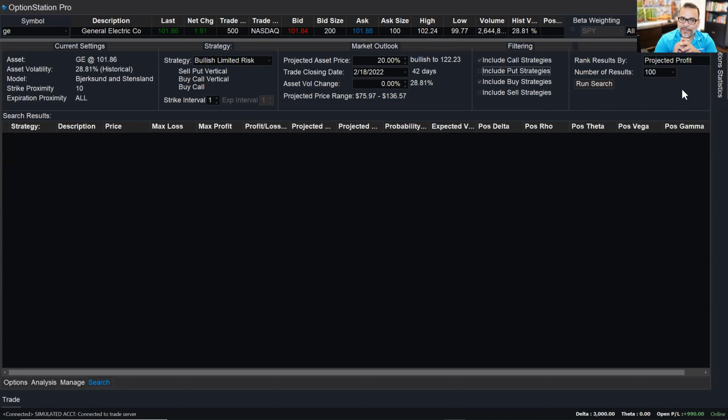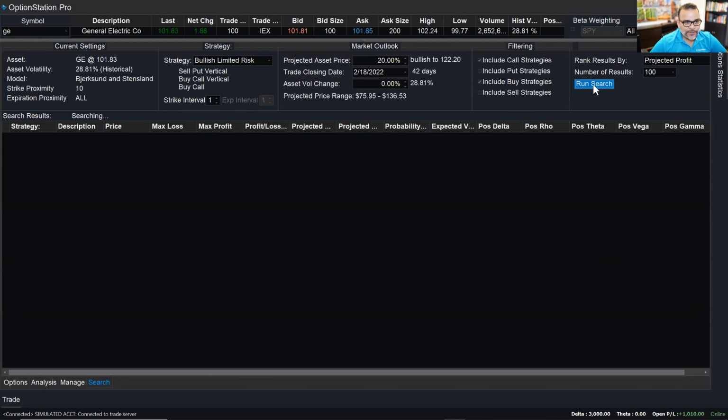Let's go ahead and leave it the way it is, and I'll show you some other options once we start making some modifications. Number of results, I have 100. You can limit that if you want. If I limit it too much, then I don't, because I want you guys to see some very interesting information that I was able to see earlier. So I'm going to leave it on 100.